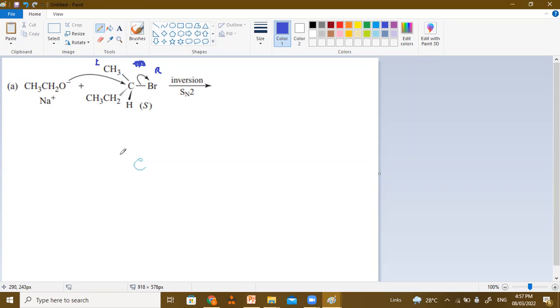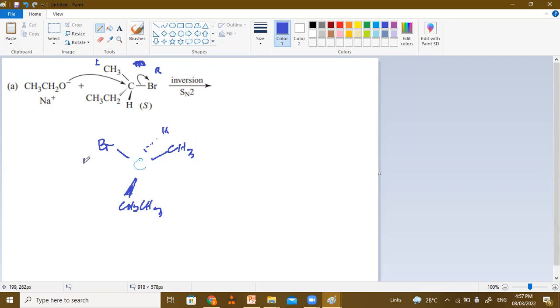So that you will have your Br here and then CH3 here. Of course, in front of you will be CH2CH3, and then at the back is the hydrogen. So that's how we orient.